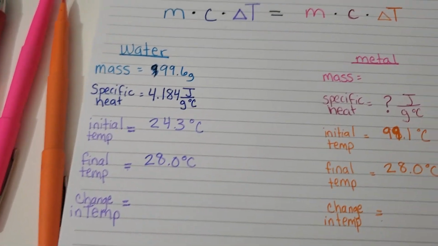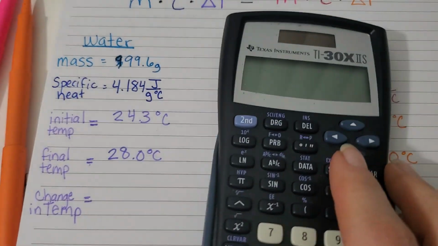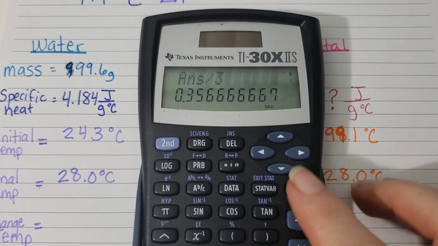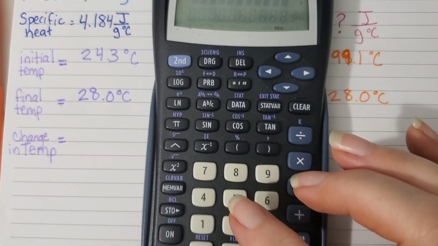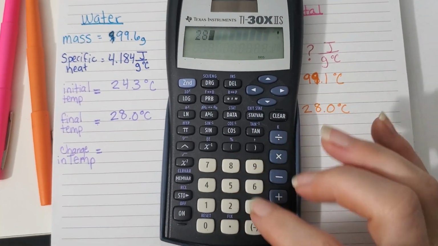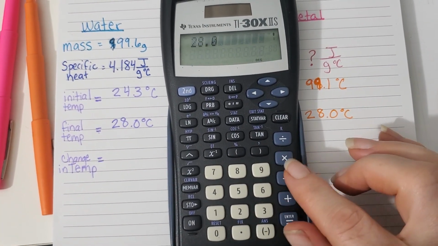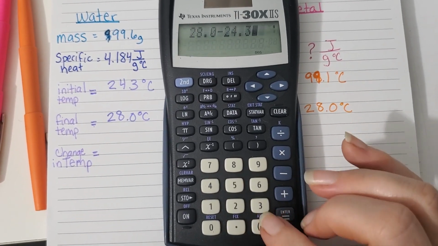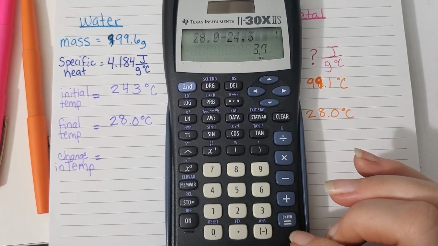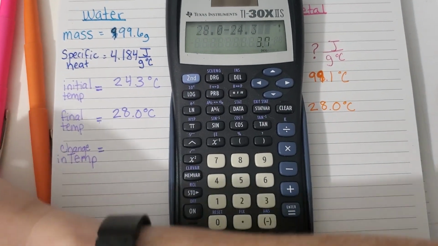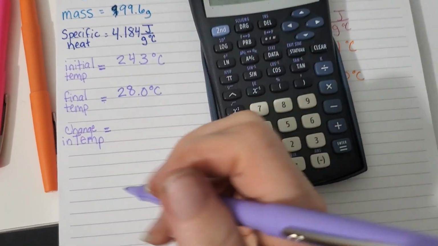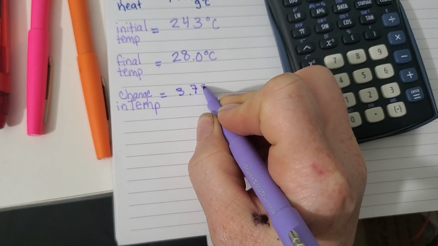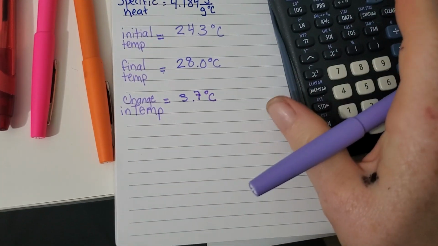So I'm just going to take the bigger number first. We have 28.0 minus 24.3. And we get a change of temperature of 3.7 degrees Celsius.